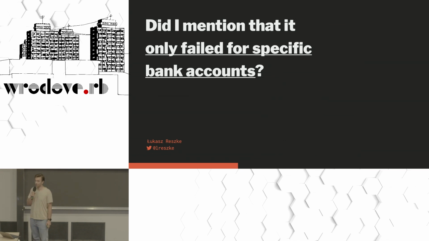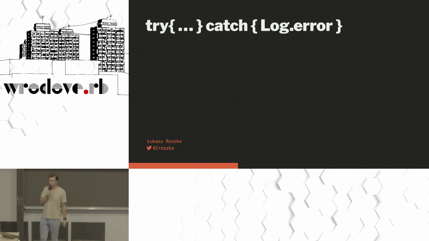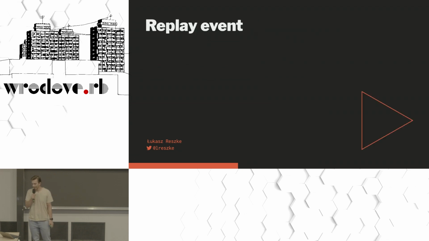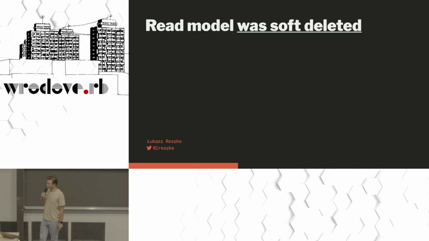And did I mention it only happens for specific bank accounts? Yeah, that's the true story, best thing to debug ever and to reproduce with test. So what do I do? I harness the most advanced debugging techniques and I replay the event, because I can, right? It's in my event store. And it turned out that the read model was soft-deleted for some reason. But there was no closed bank account event, right?